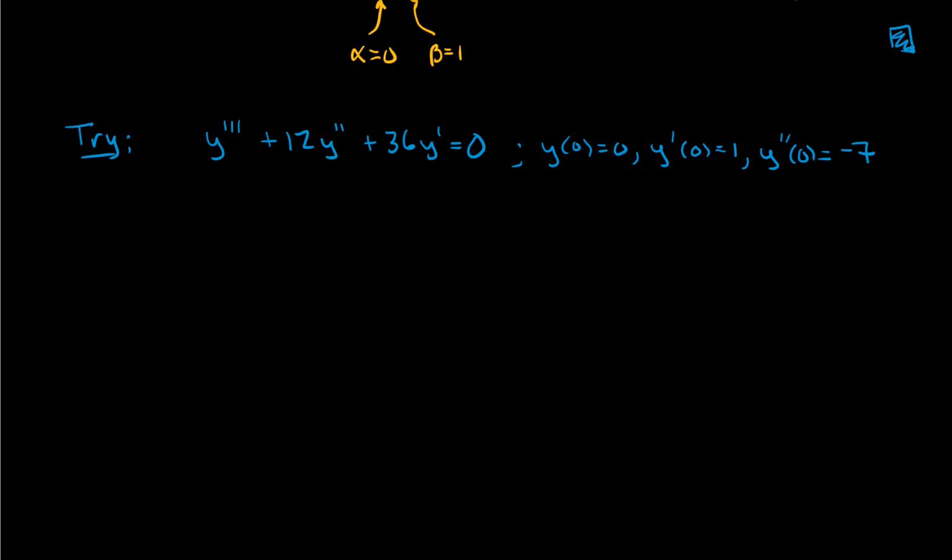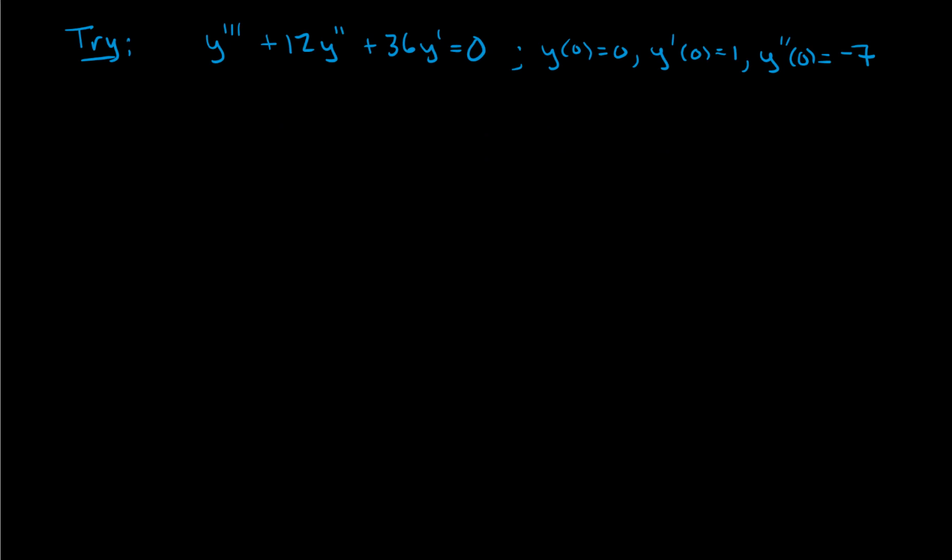All right, let's have at it one more time. First thing I'm going to do is write this out as the characteristic equation. This is going to give me r cubed plus 12r squared plus 36r equals 0. Notice there is no y term, so there is no constant in our equation.